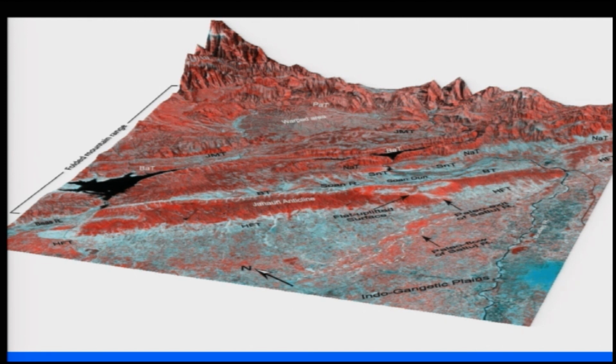But in this portion, what we found is an area which was devoid of drainage, and when we moved in the field, it was as good as a flat area, similar to the Indo-Gangetic plain.